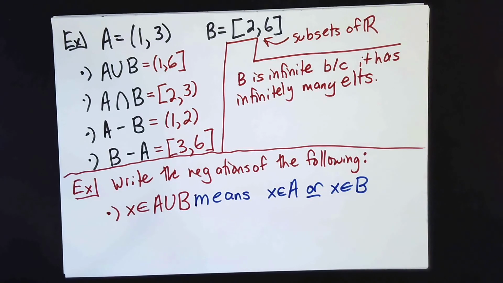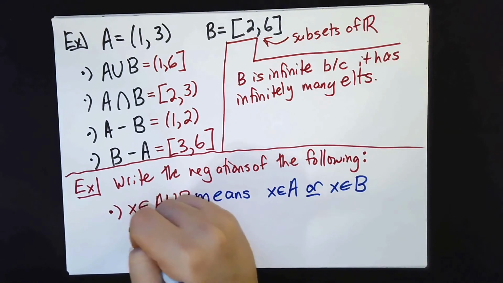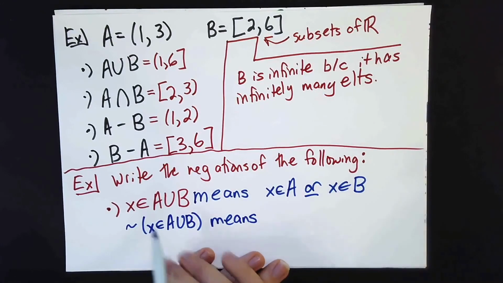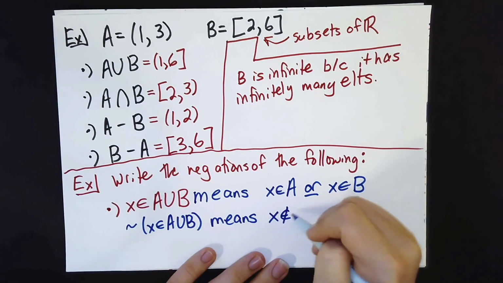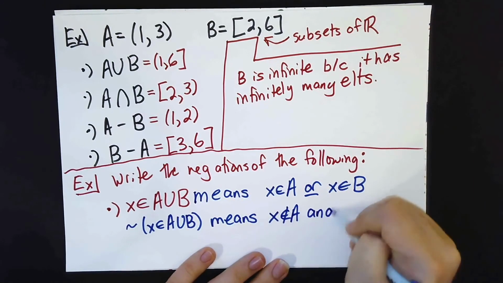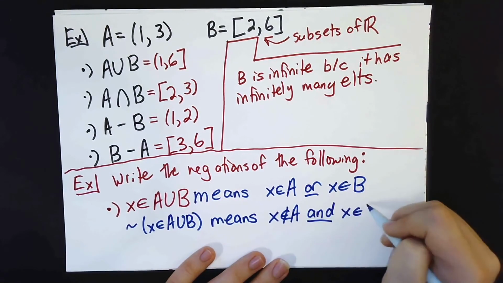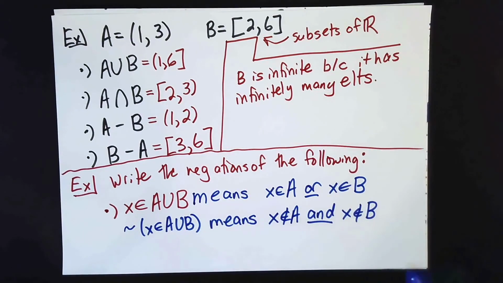This comes back to De Morgan's laws, which is to say that when I negate this, what this actually means is that X is not in A and X is not in B. Remember, when I negate an or statement, it becomes an and statement.